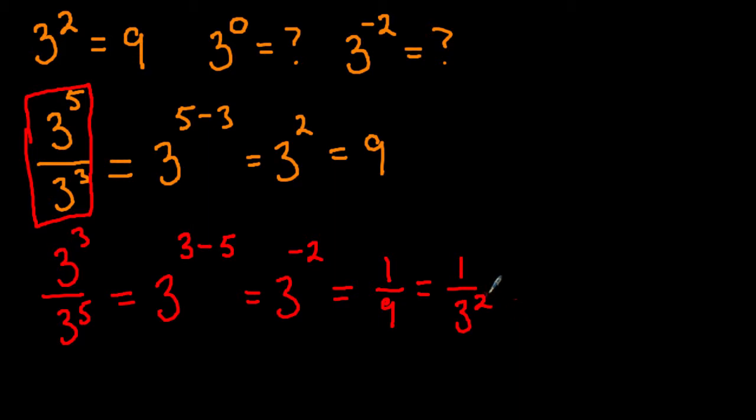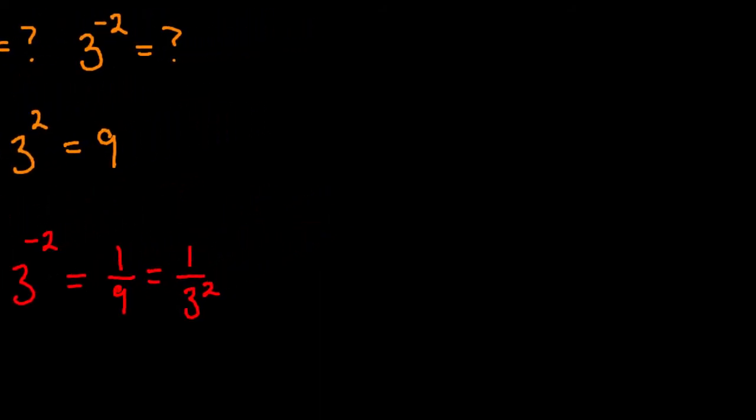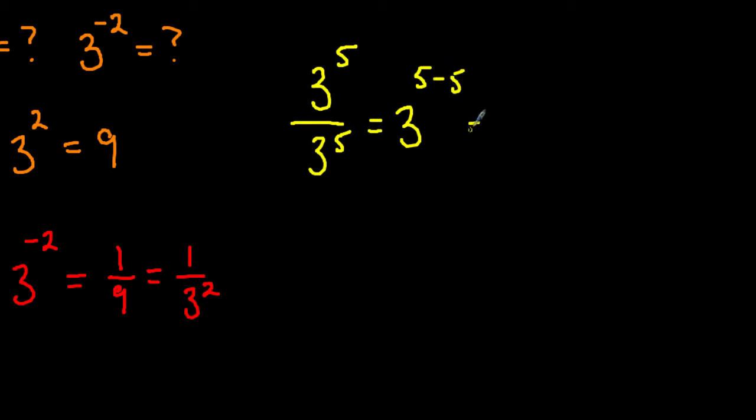We could use the same reasoning to see how we deal with exponents that are equal to 0. Suppose I had 3 to the fifth power all over 3 to the fifth power. Common bases, we're dividing, so we subtract the two exponents. 3 to the 5 minus 5, that's equal to 3 to the 0.